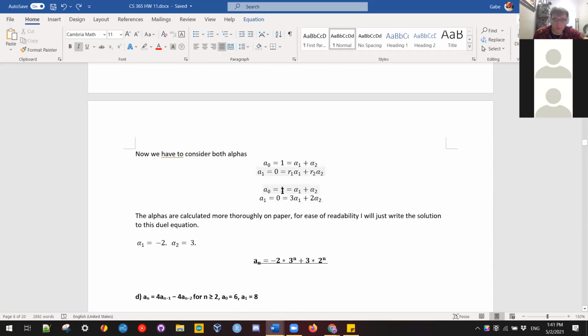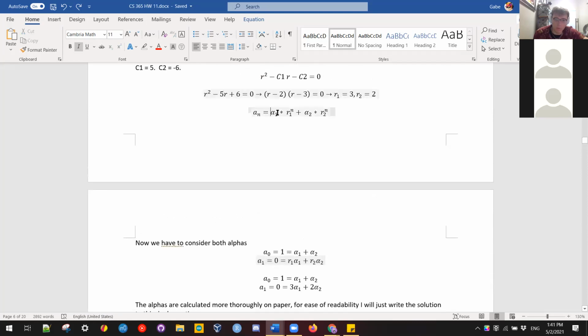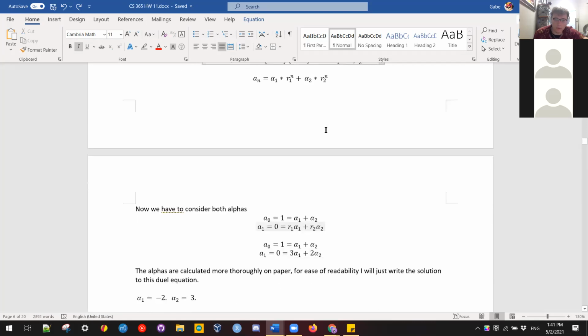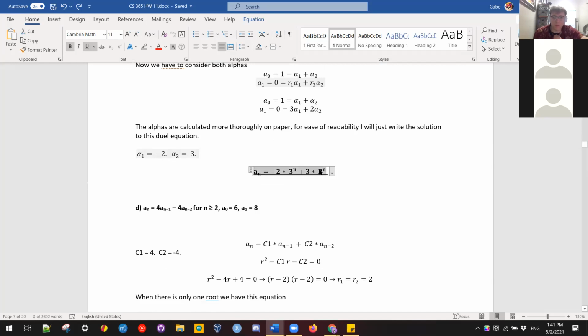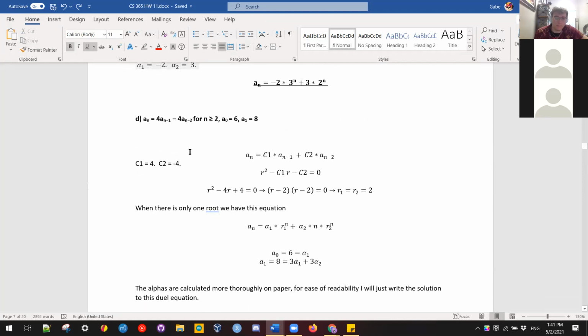And then you can solve however you like, and you get this guy. And so with this, you can plug them into your alpha 1, you can plug it into your alpha 2, and just leave this as n, and get your r1 that you got already, and your r2. And you throw them in there, and everything should be cool.